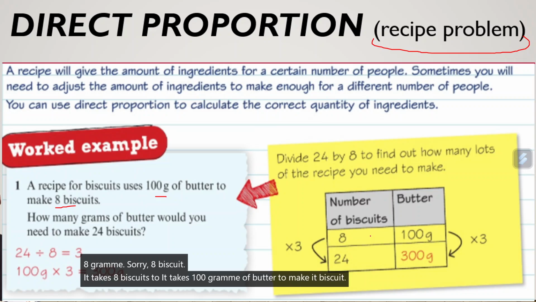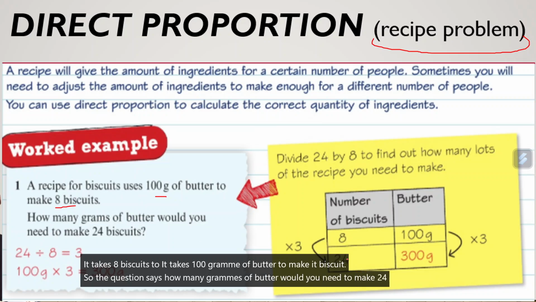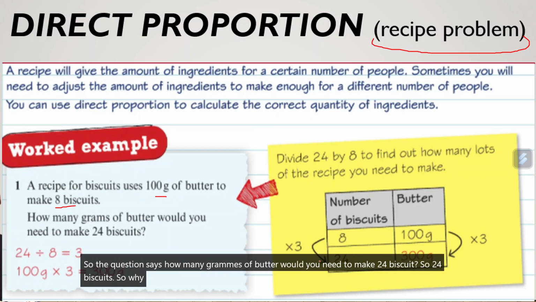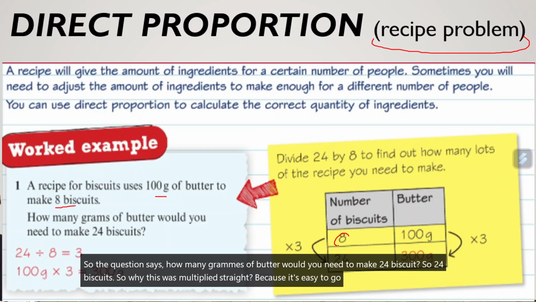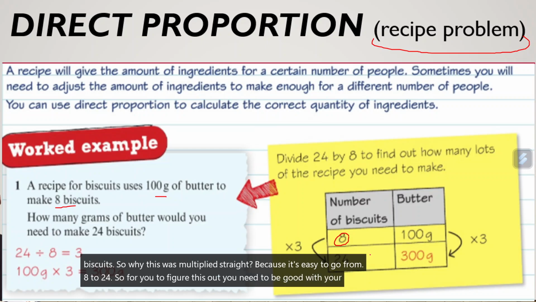So the question says, how many grams of butter would you need to make 24 biscuits? So why was this multiplied straight? Because it's easy to go from 8 to 24. So for you to figure this out, you need to be good with your multiplication table.